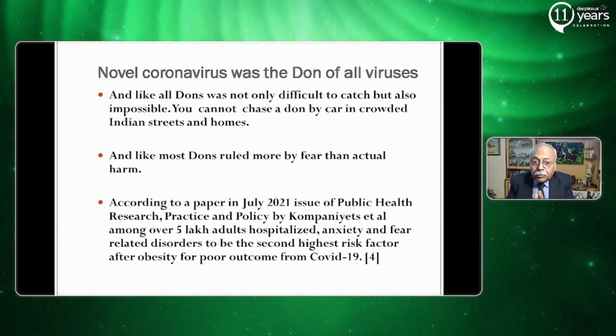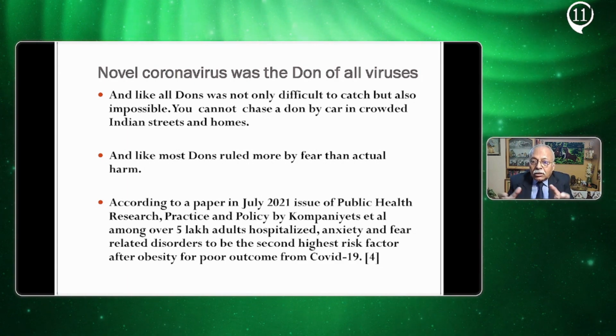So, according to a scientific paper in a July 2021 issue, more than 5 lakh hospitalized patients were analyzed, and this is the paper I have given the reference for.